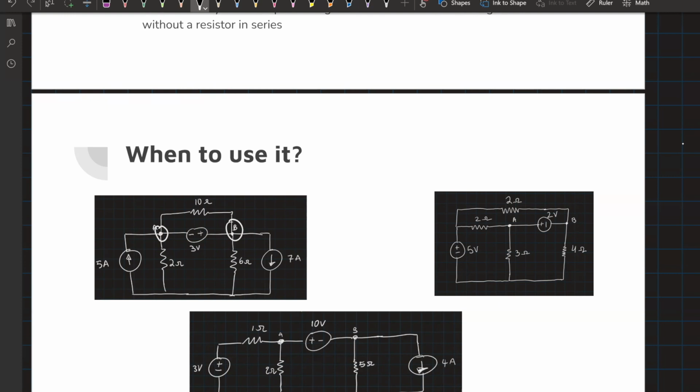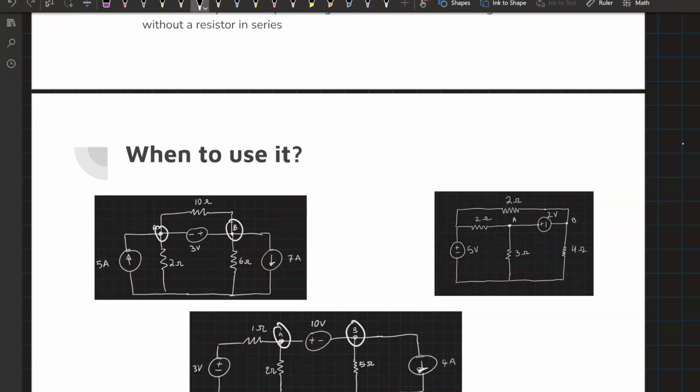In the second example, we have three resistors, two voltage sources, and a current source. We can also use a supernode, as you can see that at node A and node B, that voltage source does not have a resistor in series.